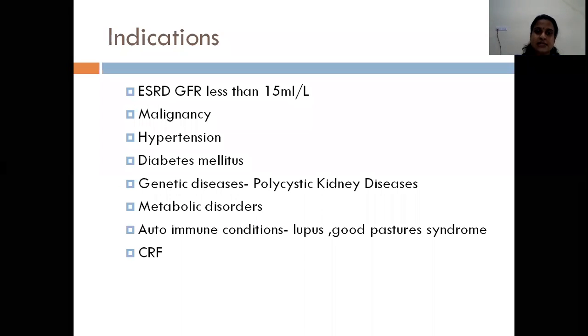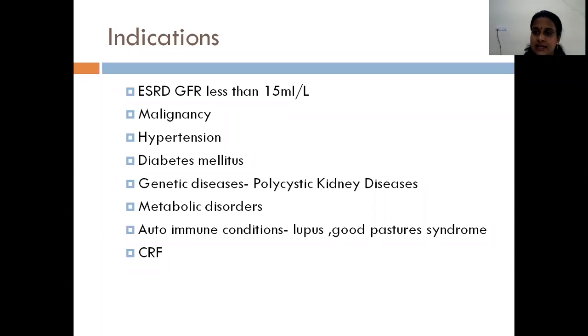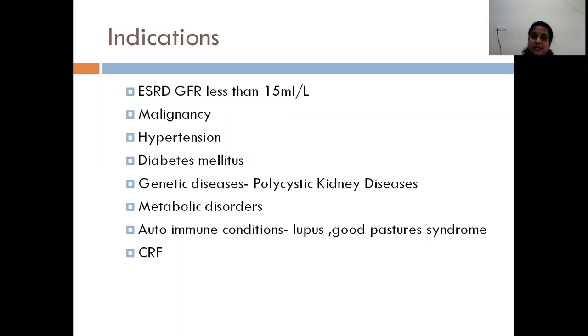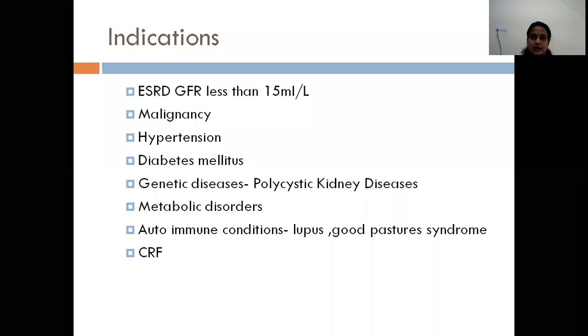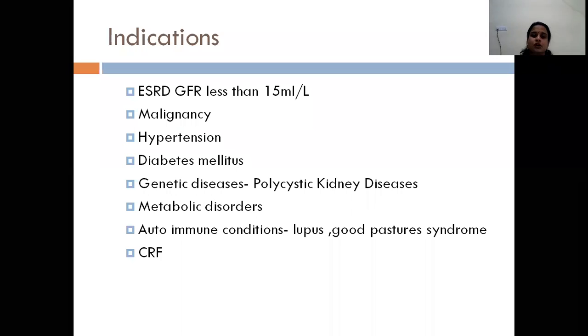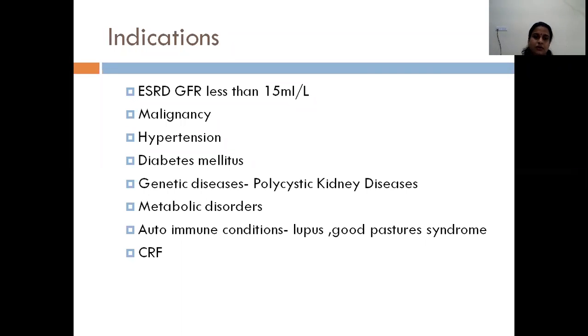Obviously, end stage renal disease where the glomerular filtration rate is less than 15 ml per minute, or the other indications are hypertension, diabetes mellitus, that is the pancreas insufficiency along with the renal disease, that is the end organ disease in a diabetic patient, that is the kidney problem in a diabetic patient, and certain genetic diseases like polycystic kidney disease, autoimmune conditions like lupus, metabolic disorders, and chronic renal failure.